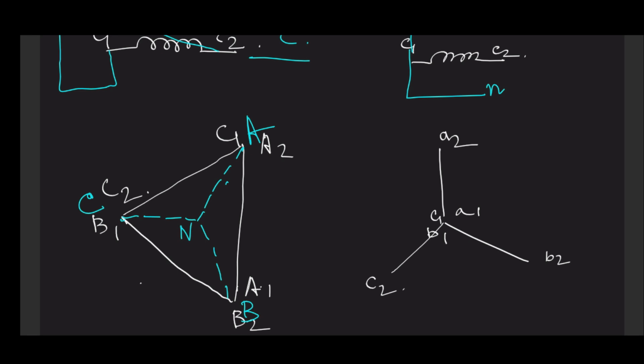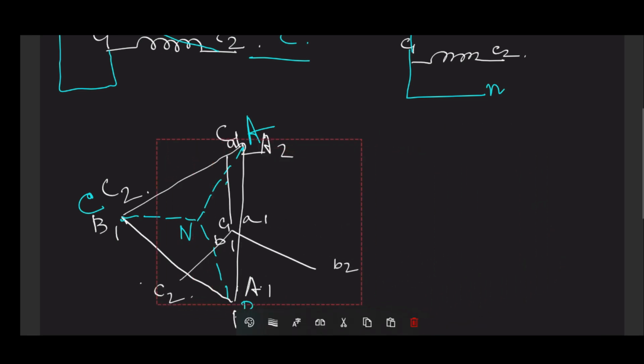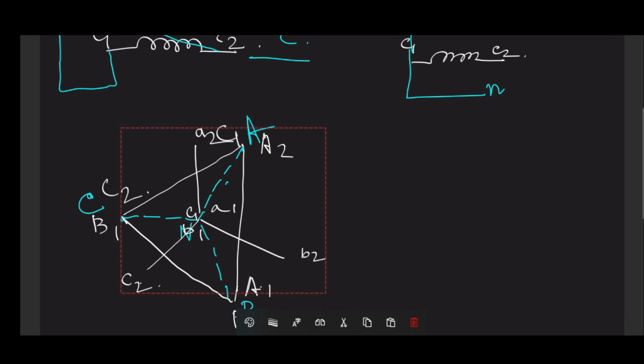So if you map it here, then you will see that the secondary is having a difference of 30 degrees.